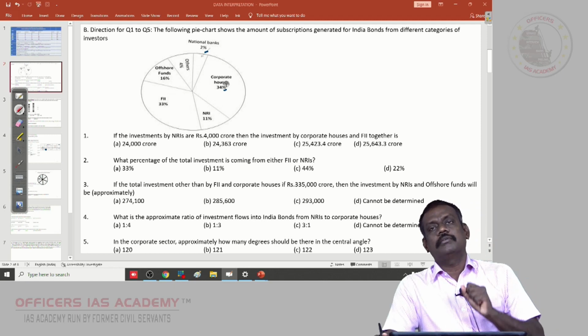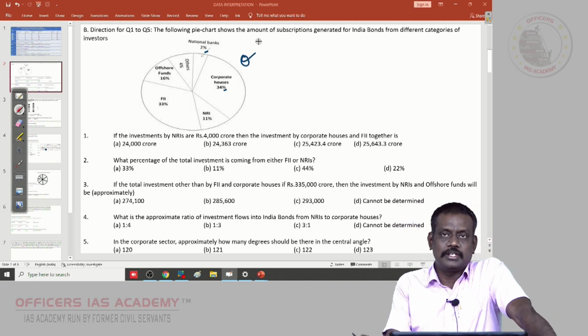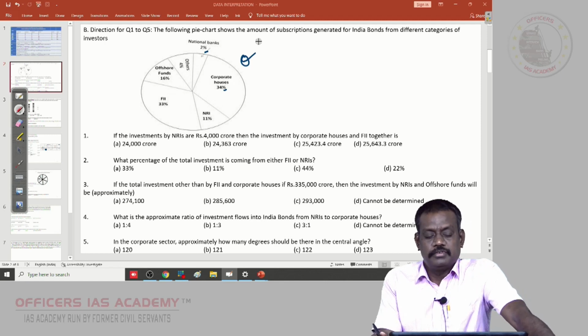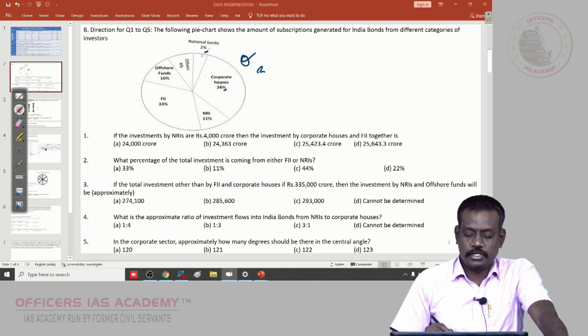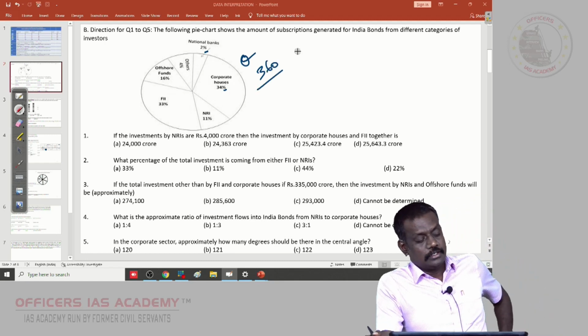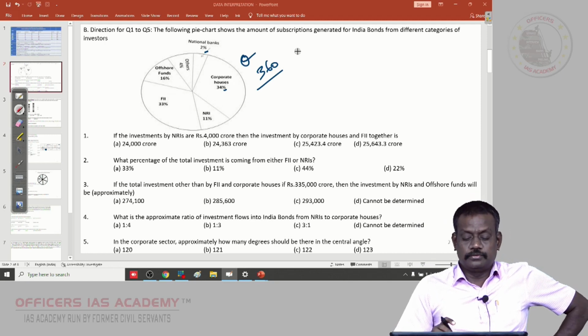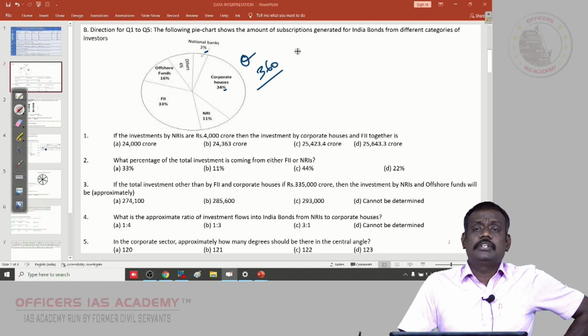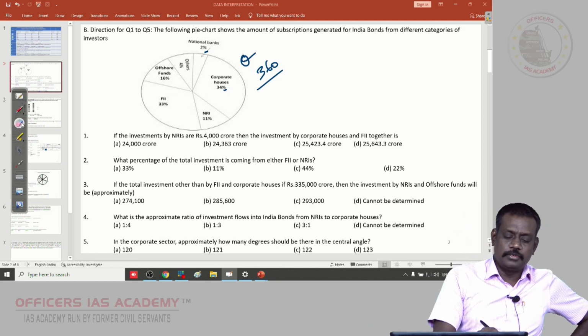If it is given in degrees, check whether the sum of all the values is 360, because you know the total internal angle of a circle is 360 degrees. Okay, good. So all of you please solve this problem.